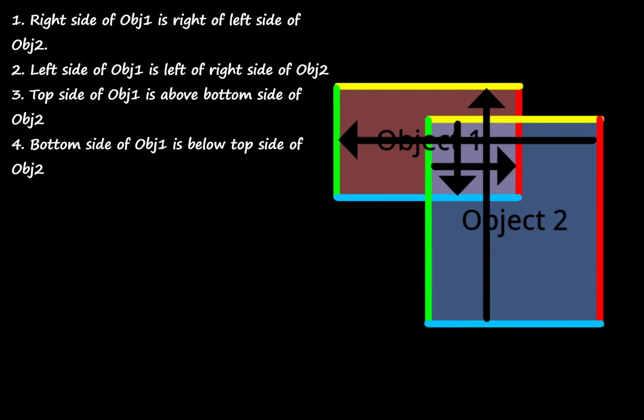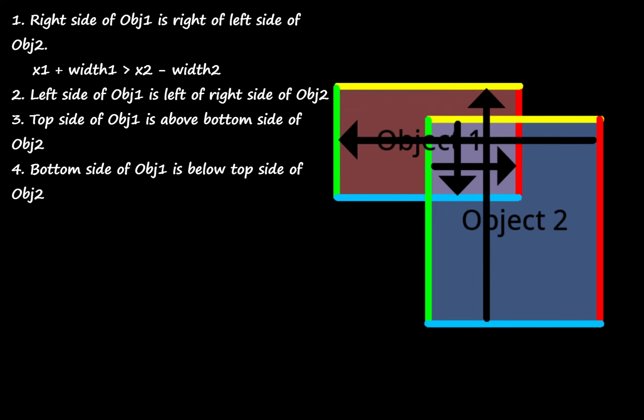Now, let's convert these 4 things into something closer to code. We know the player and entity both have an x, a y, a width, and a height. And we can use that to find the edges. So for number 1, if x1 plus width 1 is greater than x2 minus width 2, because remember, we add to get to the right edge, and we subtract to get to the left edge.